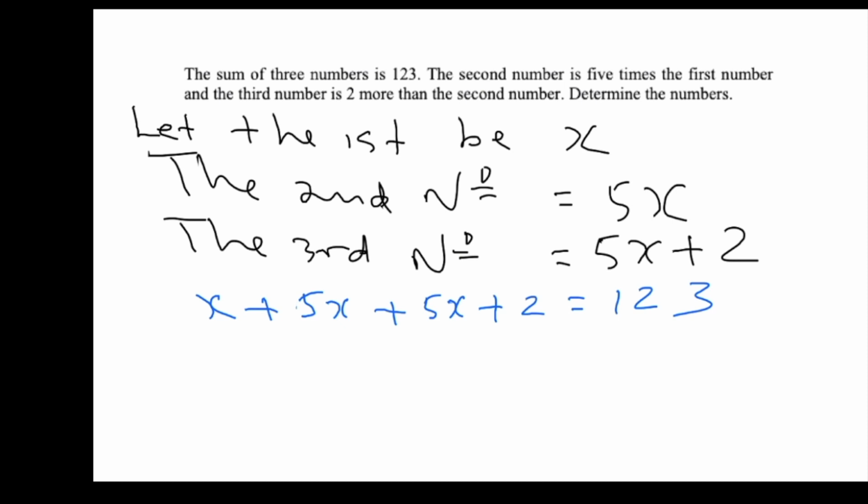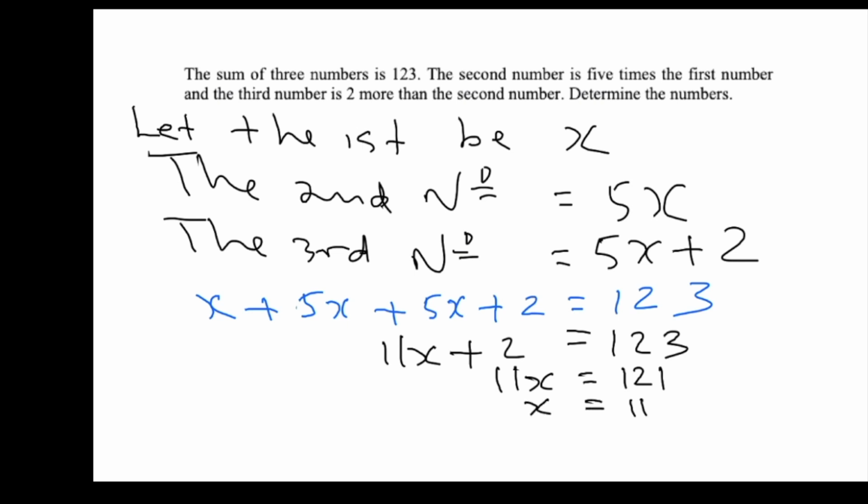Right, x plus 5x will give you 11x. So this is 11x plus 2 is equal to 123. Now we take the 2 to the other side. We get 11x is equal to 121. Then if you divide both sides by 11, that will give us x is equal to 11. So we now know that x is equal to 11.